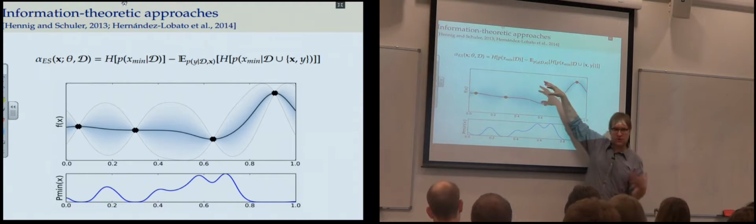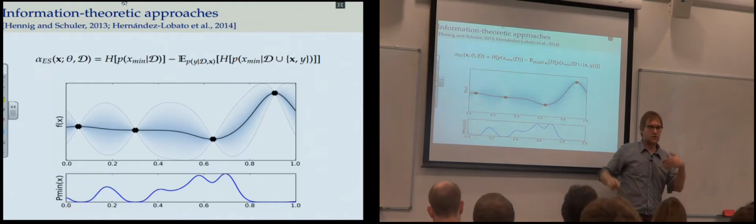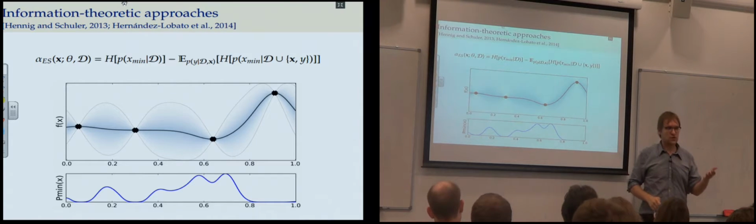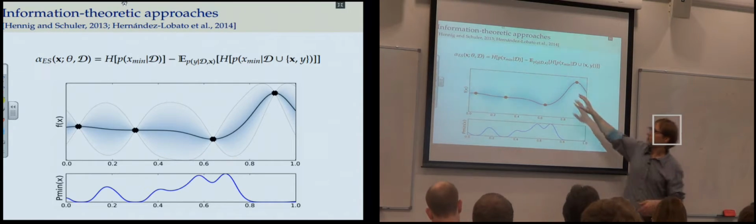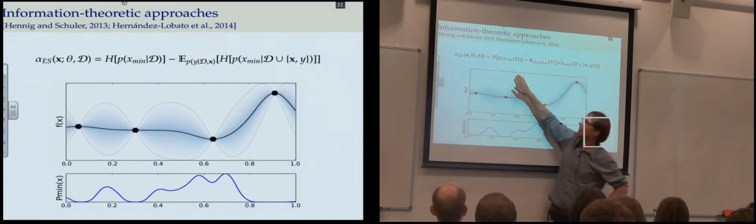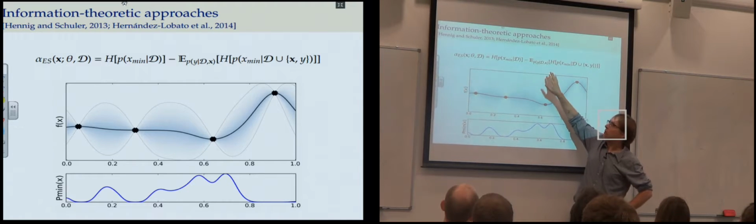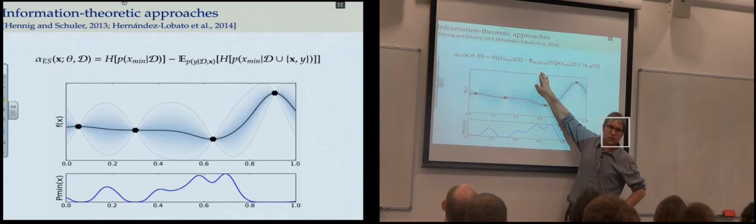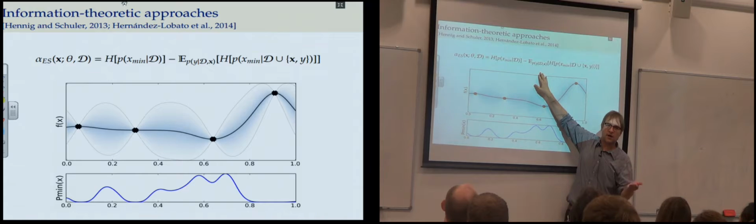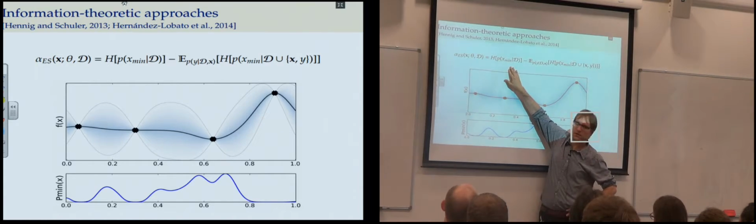This is one of the few non-local acquisition functions that you can use, because I can compute the entropy of my probability distribution, and I can compute the point in the domain that reduces this entropy a lot.